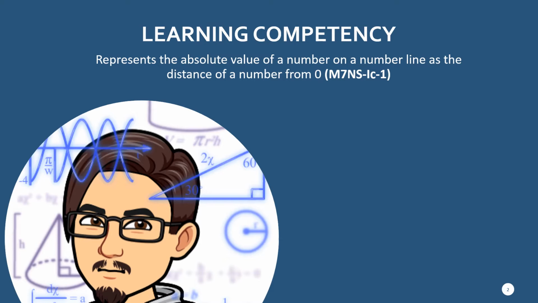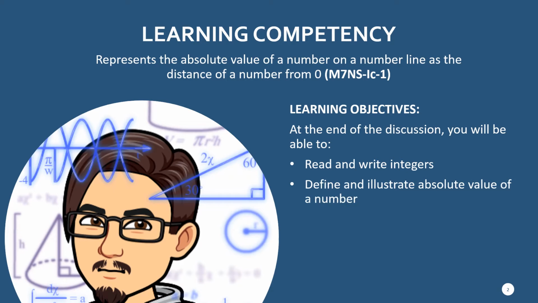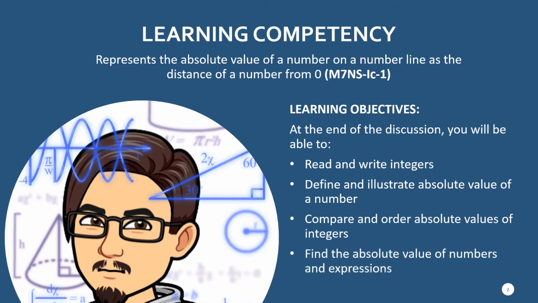With this competency, we have the following learning objectives. At the end of the discussion, you will be able to read and write integers, define and illustrate absolute value of a number, compare and order absolute values of integers, and find the absolute value of numbers and expressions.